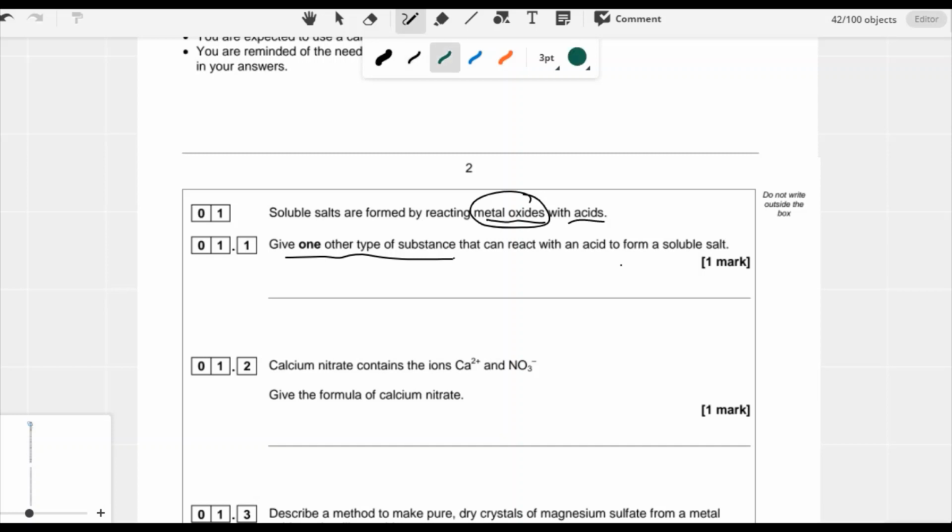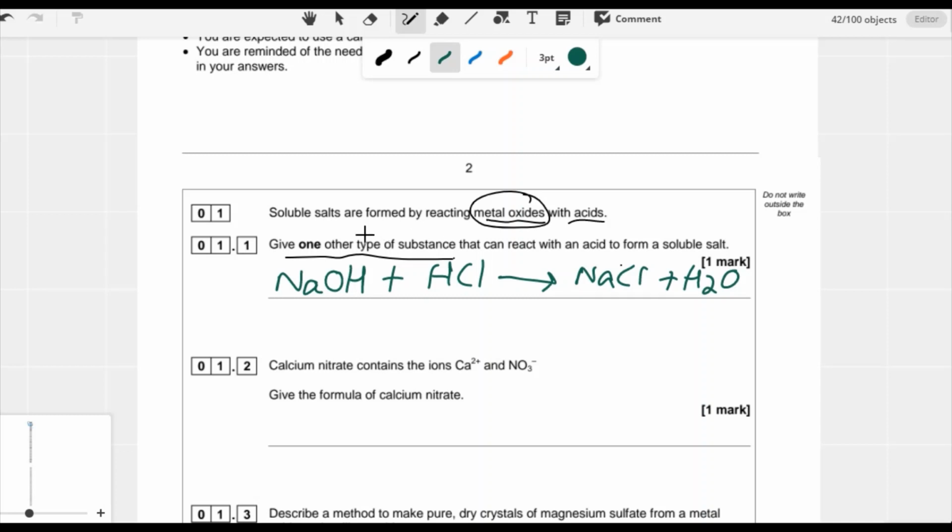For example, I am going to use metal hydroxide like sodium hydroxide reacting with an acid, that is HCl, to form the soluble salt, that is NaCl, along with water.